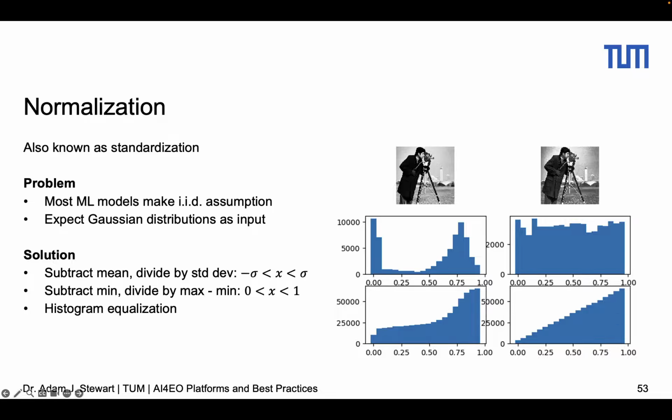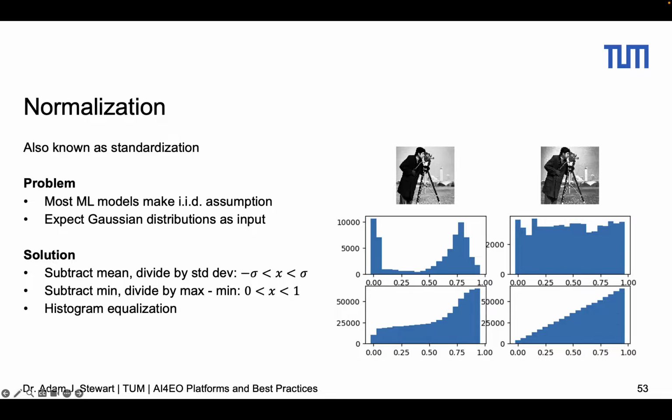Another thing that's important, when you're calculating min or max, or when you're calculating mean or standard deviation, usually you want to calculate the min and the max for the entire data set, not just for one image at a time. Because if you have a green image, you calculate min max, and you have a blue image and you calculate min max, and you normalize both of them separately, they're both the same image now.